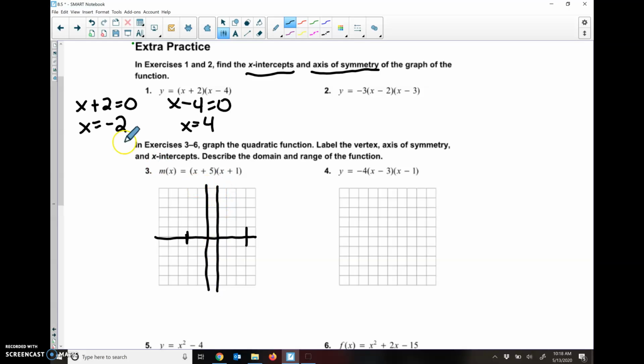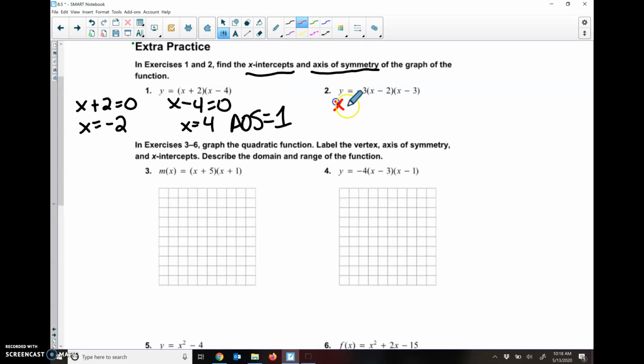Or you think of it as what's the average. So going back to 5th grade math when we did mean, negative 2 plus 4 is 2. I have two numbers, so 2 divided by 2 is 1. So 1 is my average, 1 is my axis of symmetry. Okay, so my axis of symmetry is 1.